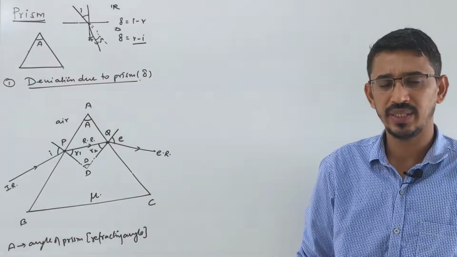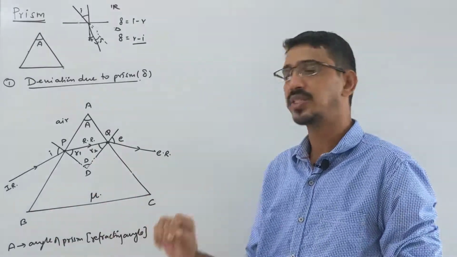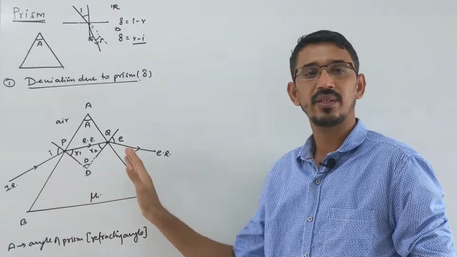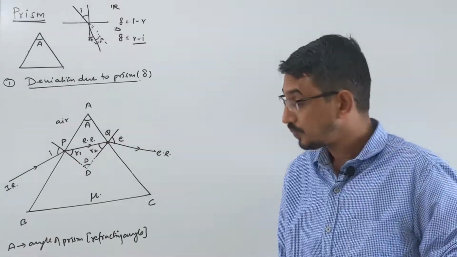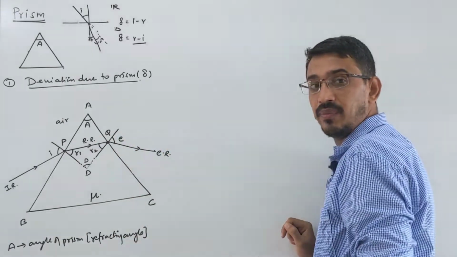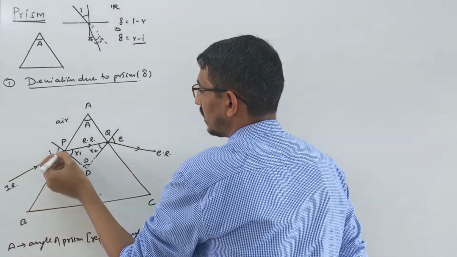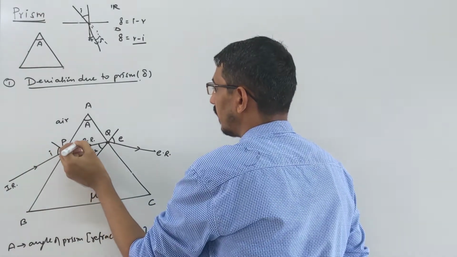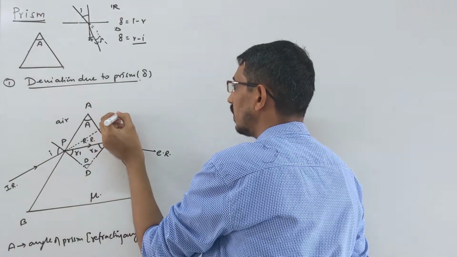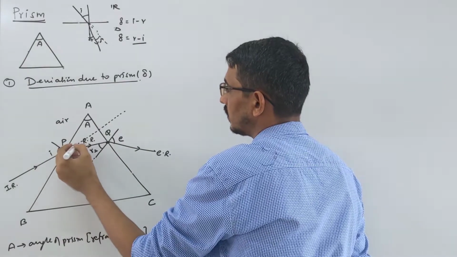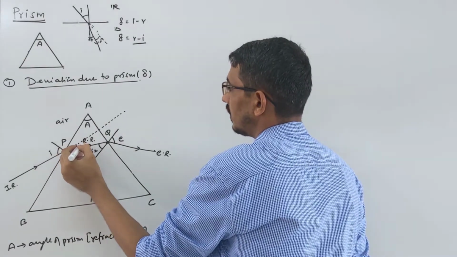So here you understood that deviation happens two times, because refraction happens two times, once at this surface and once at that surface. So the first time, how does deviation happen? Watch carefully. The light was going this way, it should go straight like that, but it deviated in this direction, so this is your angle of deviation del 1.